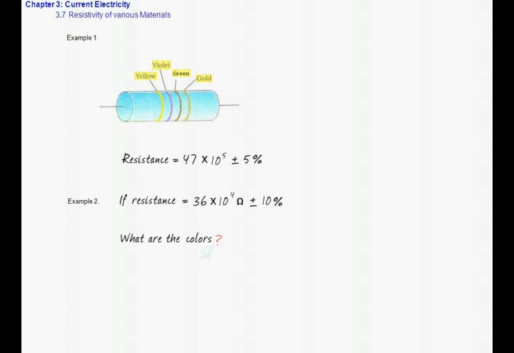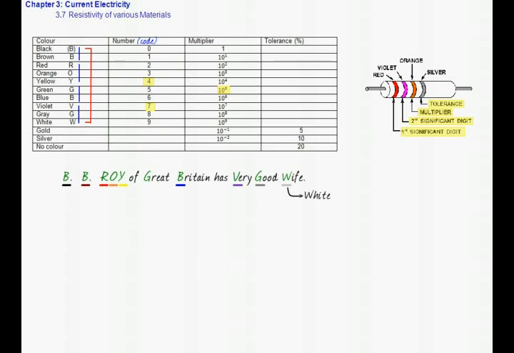Now, remember the color code. 3 is the code for orange color. Look at the table. Once again, we have 36 into 10 to the power 4. So 36: here we have 3 and 6, 6 for blue, 3 for orange. So we have first color orange and then second color blue.